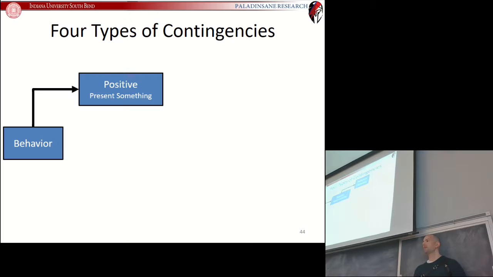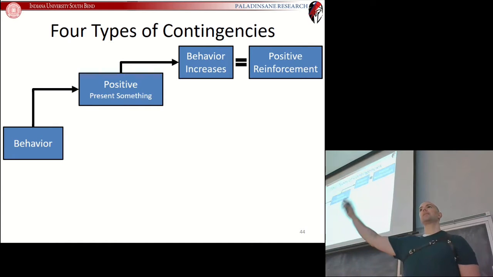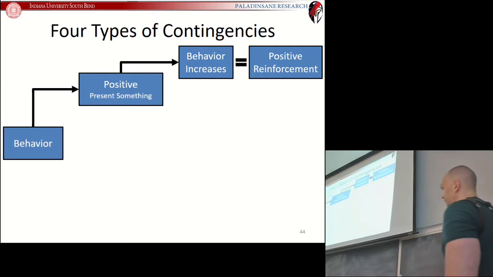If that positive presenting of something leads to an increase in behavior, increases in behavior are due to reinforcement, hence we have positive reinforcement. So positive reinforcement is when you present something to the organism that causes that behavior to increase.